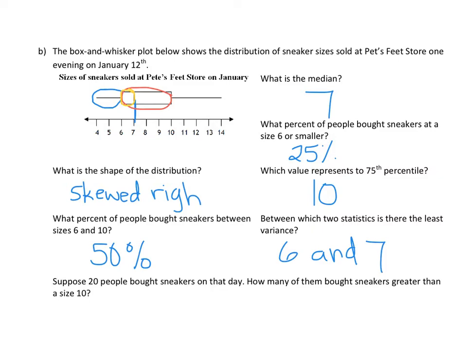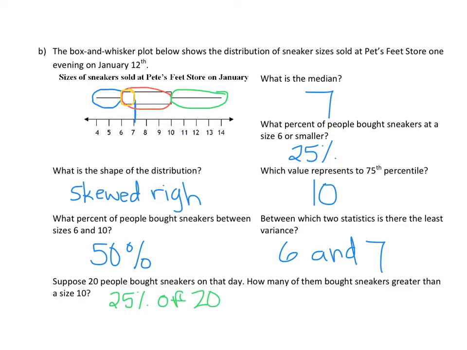Suppose 20 people bought sneakers on that day. How many of them bought sneakers greater than size 10? Well, we need to know what percentage is greater than size 10. Greater than size 10 is this quartile, which is one quartile, which is 25%. So we are essentially finding what 25% of 20 is.